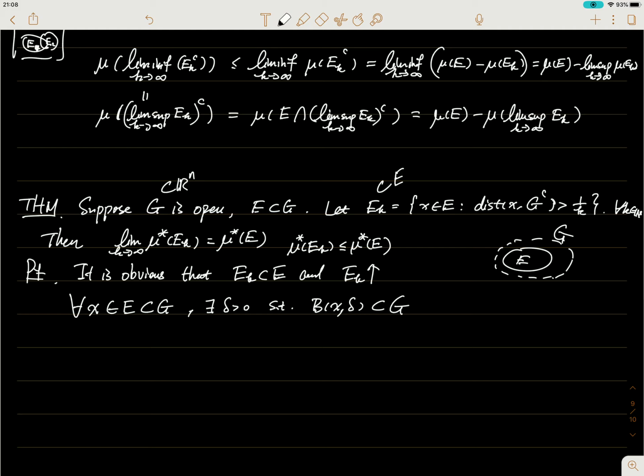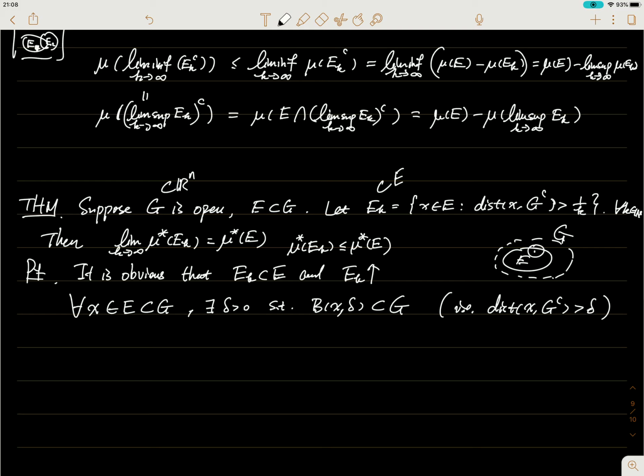For any point in E, there will be some ball centered at this point X with some positive radius such that this ball is completely inside G. And that means it does not overlap with the G complement, so the distance between this point X and the G complement will be bigger than delta.